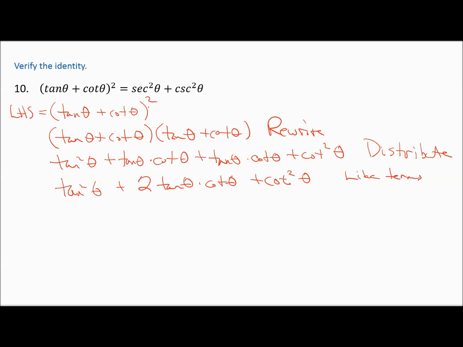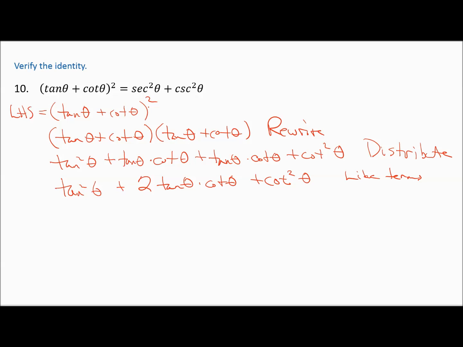Any thoughts? Secant squared of theta is 1 over the cosine squared of theta. Cosecant squared of theta is 1 over the sine squared of theta. We have tangents and cotangents. We got to get rid of those, folks. There's no way to get to these secants and cosecants without reverting to sines and cosines, unless you use some Pythagorean identities to change everything.